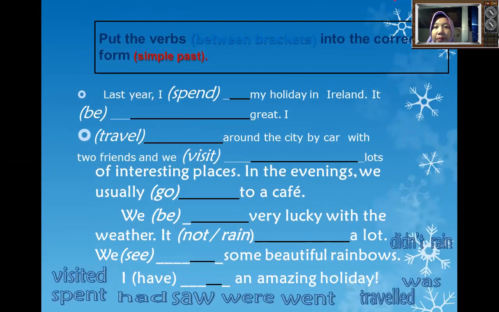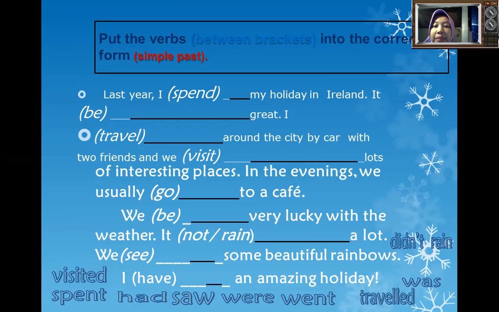Now put the verbs between brackets into the correct form by using simple past. The first is, last year, please choose the words below by using simple past tense. Choose the correct one.